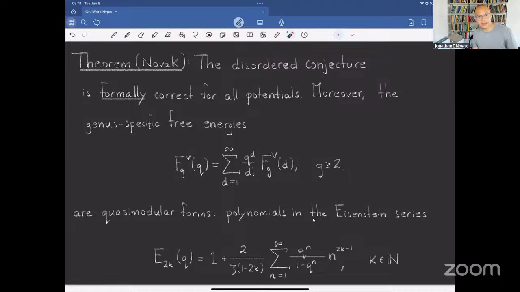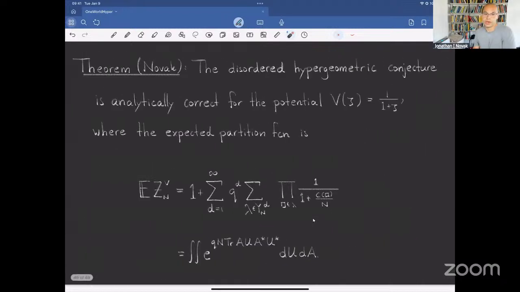And in this disordered world, what has been done so far is that for the special potential V of zeta equals 1 over 1 plus zeta, this is analytically, rigorously correct. The expected partition function is like a double spherical integral, where instead of A U B U star, you have A U A star U star, and you're integrating over two copies of the unitary group.